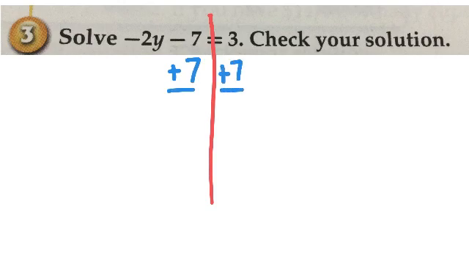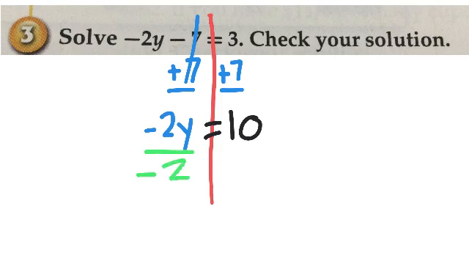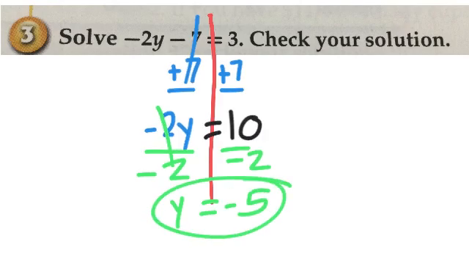Negative 7 plus 7 is 0. That leaves me with negative 2y. 3 plus 7 is 10. So now the y is still not by itself because it's being multiplied by negative 2. So I can undo multiplying by negative 2 by dividing by negative 2 on both sides. So that tells me y is equal to negative 5.